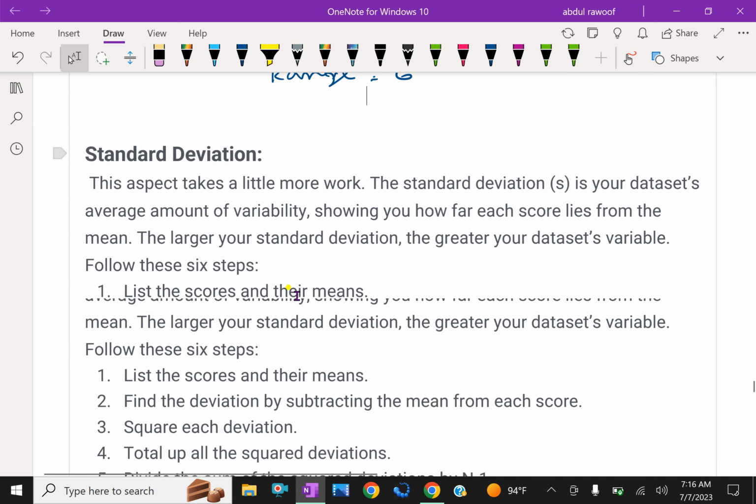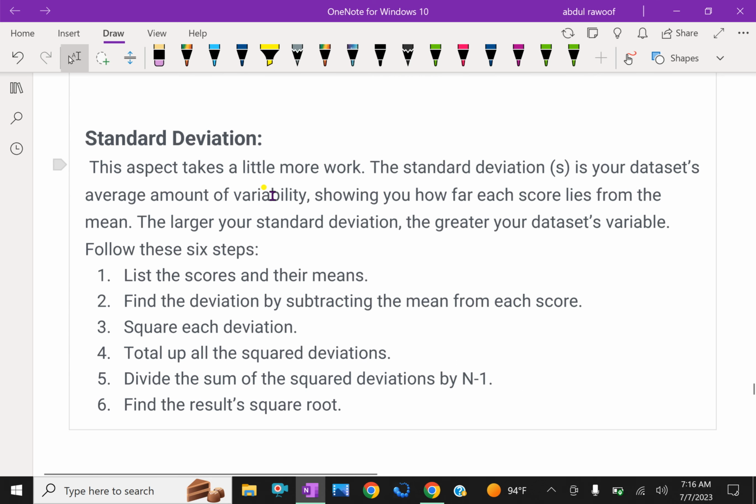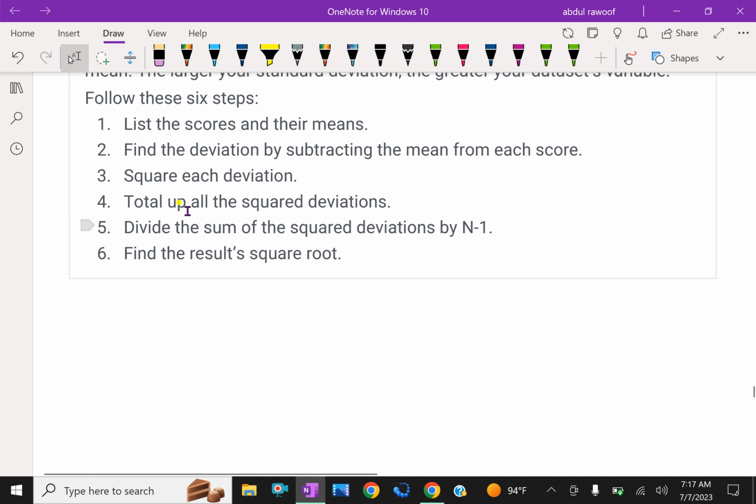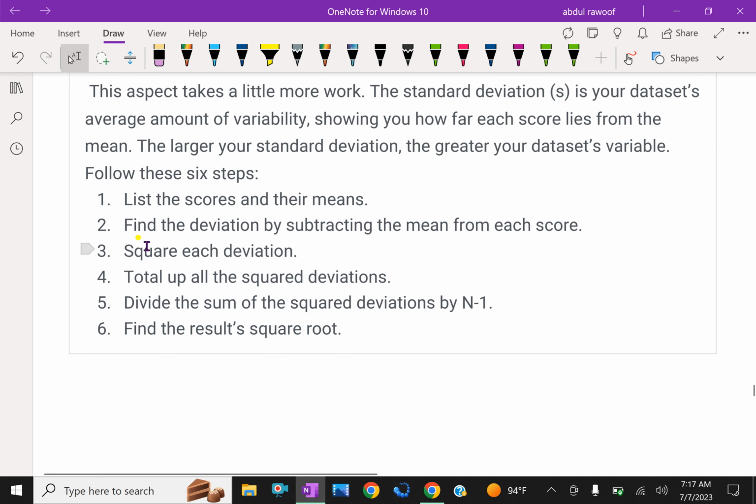Standard deviation. This aspect takes a little more work. The standard deviation is your data set's average amount of variability, showing you how far each score lies from the mean. The larger your standard deviation, the greater your data set's variability. Here is the set of steps you have to follow.